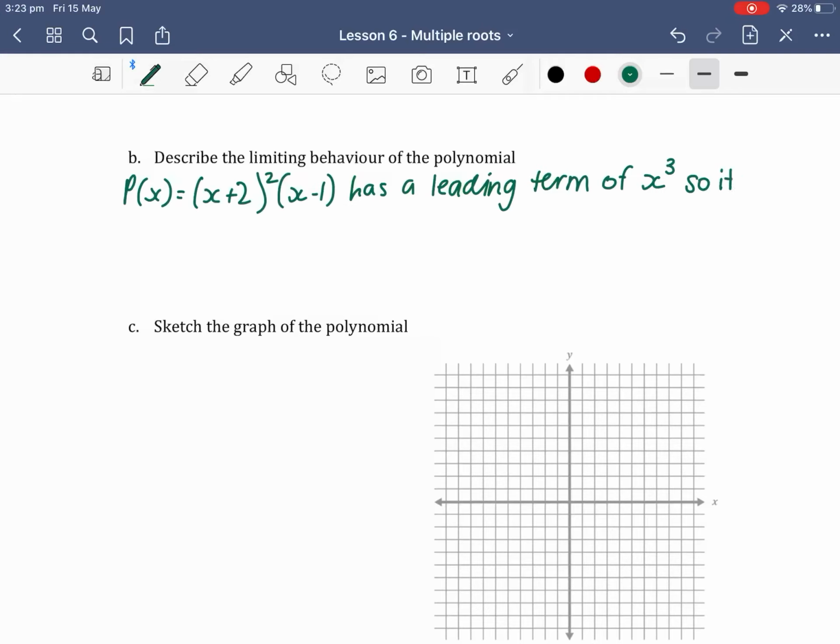So it has an odd degree and a positive leading coefficient.